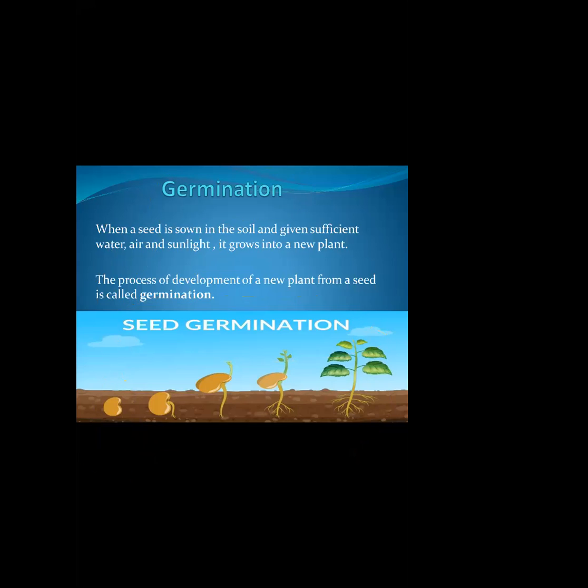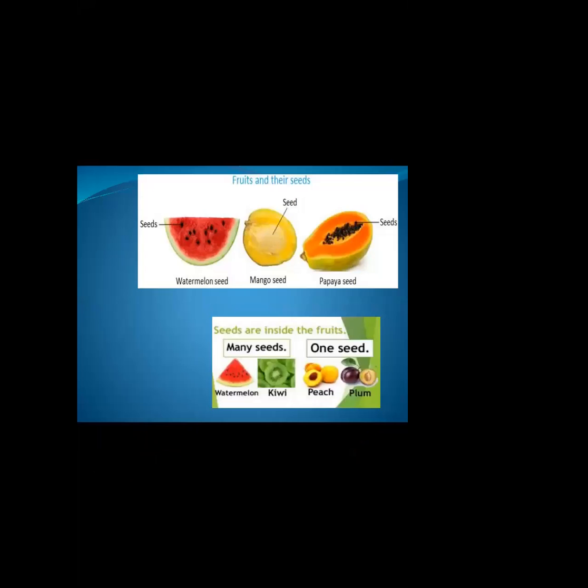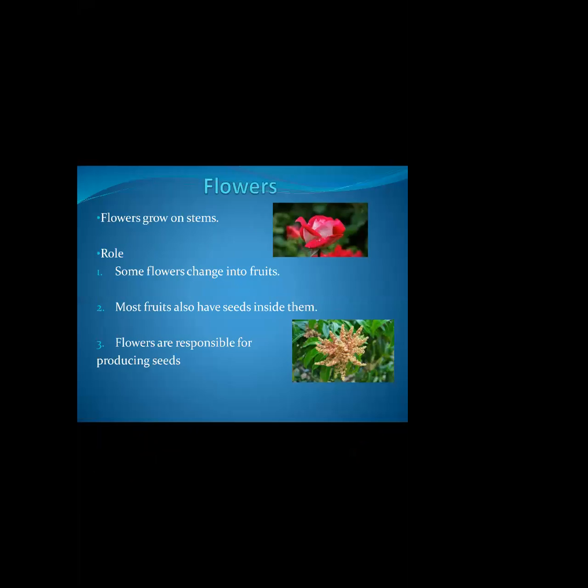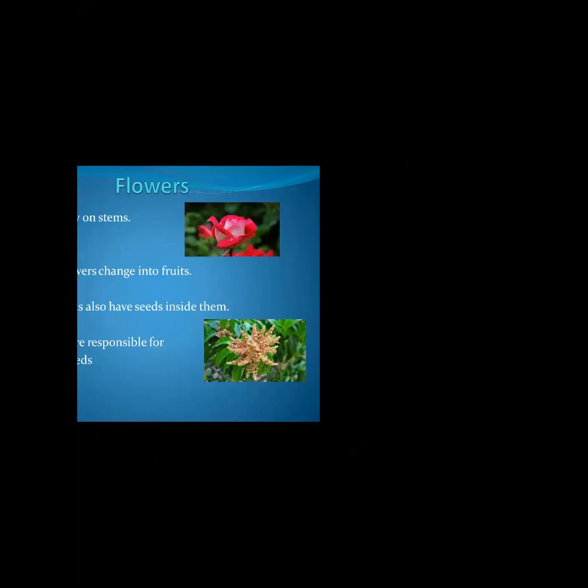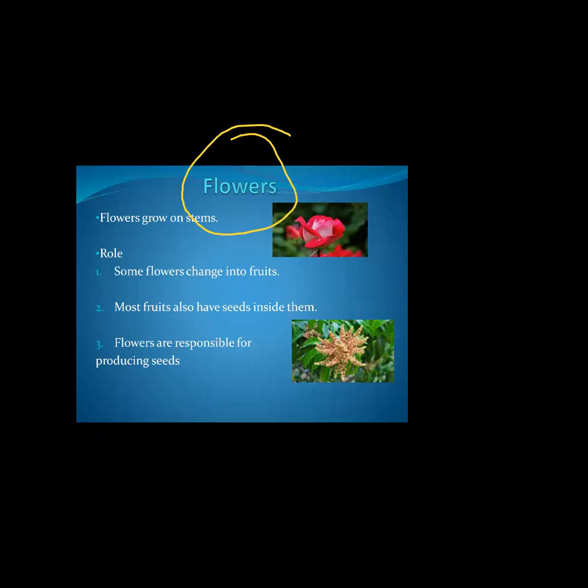Now let me go back again. Now let us connect this. If we are not going to have flower, we are not going to have what? Fruit. If we are not going to have fruit, we are not going to have what? Seed.